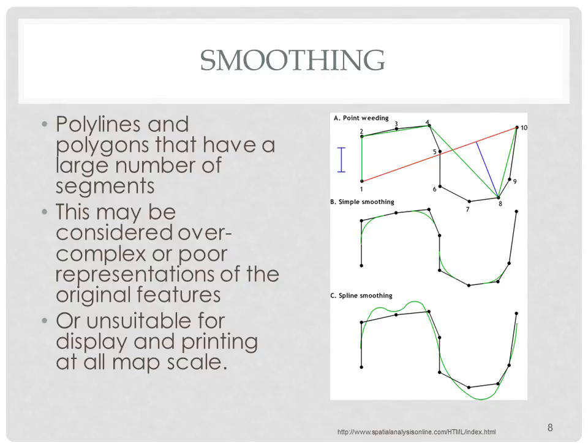Simple smoothing techniques allow you to eliminate sharp angles that might be a distraction. And spline smoothing uses an algorithm to effectively generate a path that is representative, from a statistical point of view, of the original data while smoothing and simplifying the line.